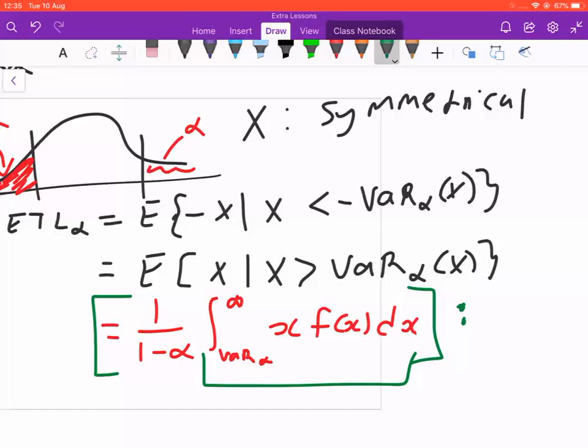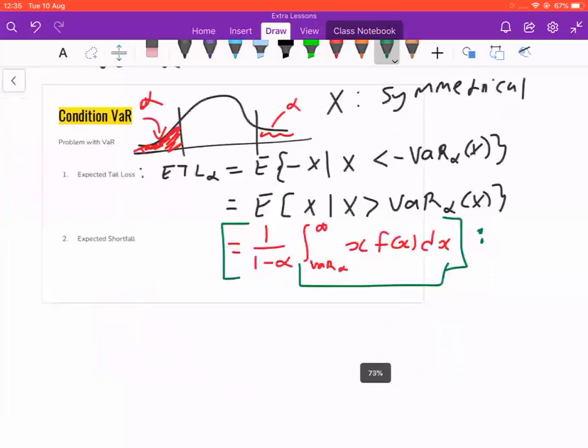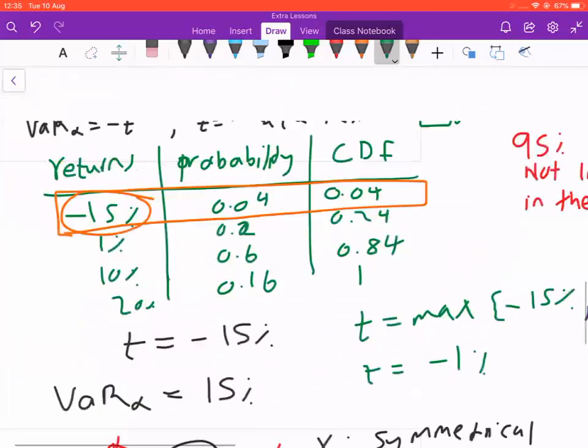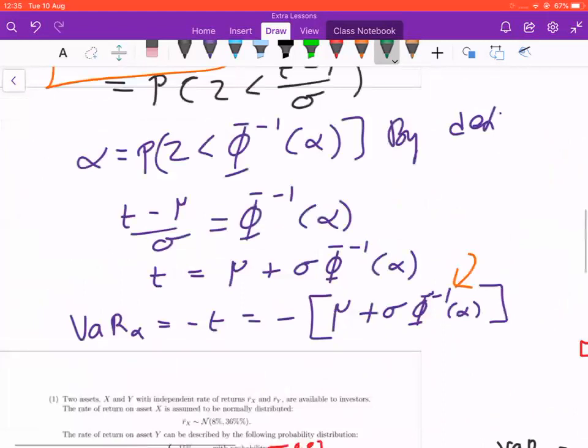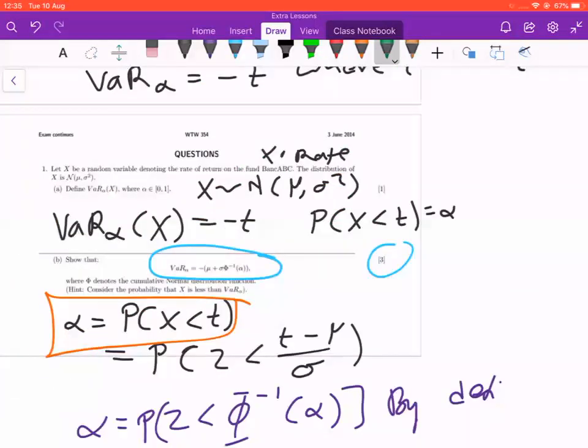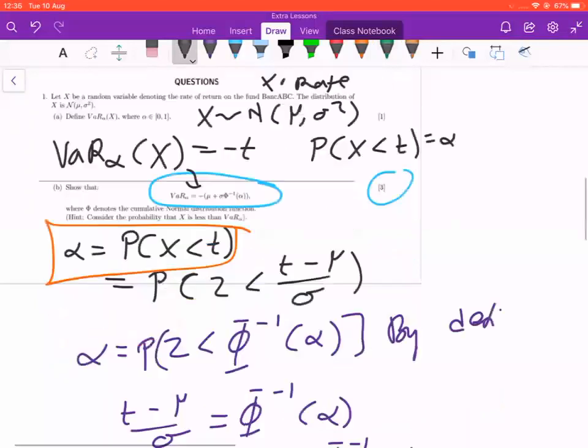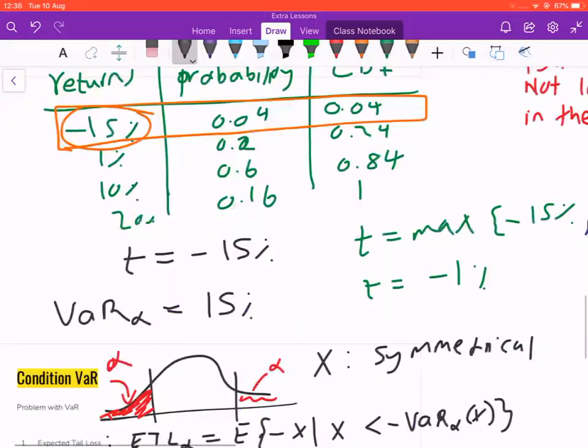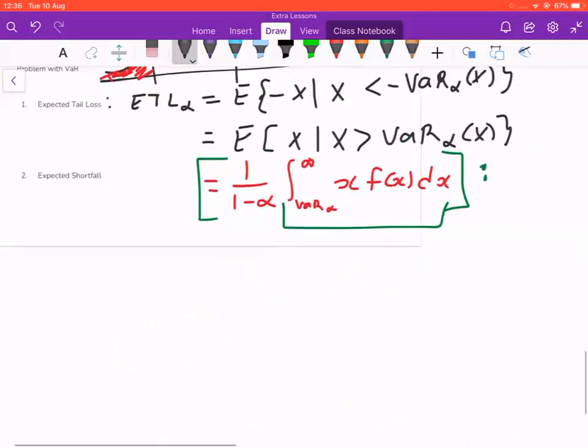Here's the second question, where they say that X is normally distributed. In question 1 they ask you to simplify this and show that VaR can be written like this. Now they want to know how you can write the formula for the conditional expectation. If that question arrives, this is what you will have to do.